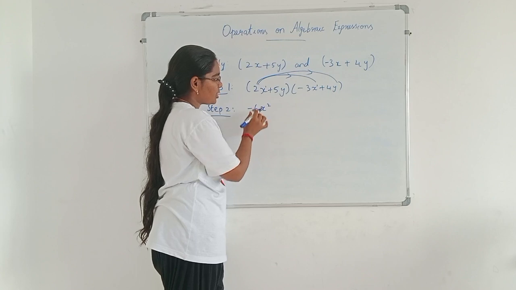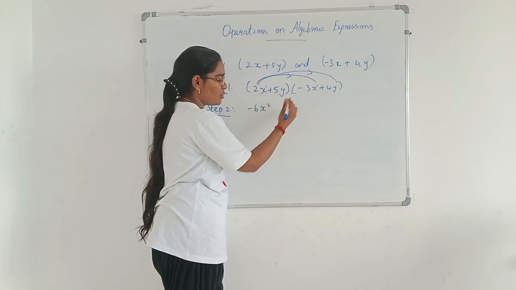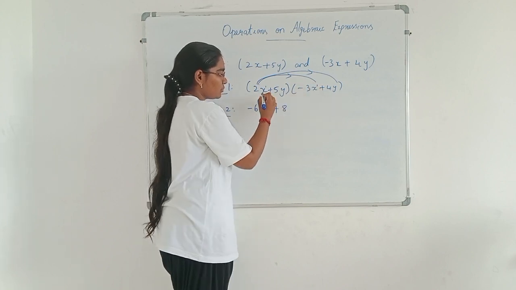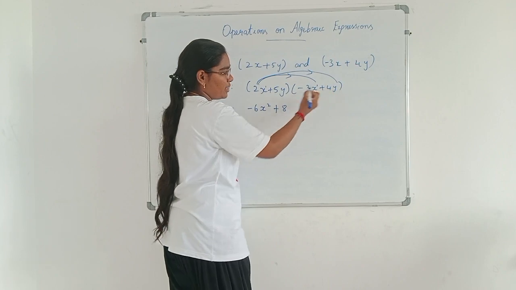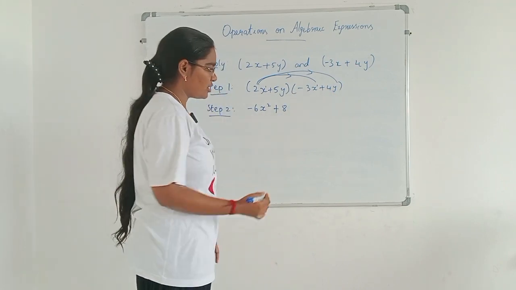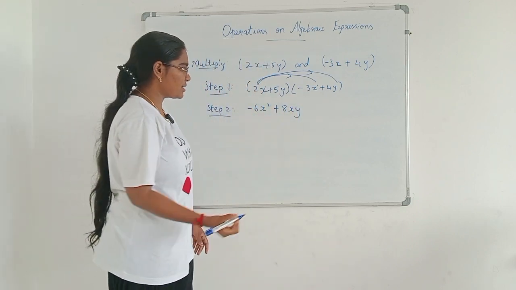Next this term with this term. So this is in plus, this 2 in plus. So plus into plus, plus 2 4s are 8. Here x, y. The variables are different. So write in product form x, y. Okay.